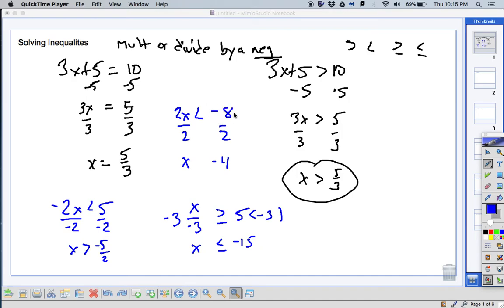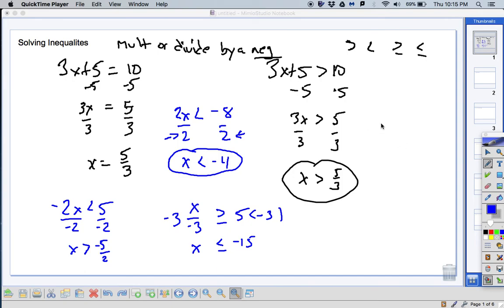First thing is sometimes people look at this negative and say, oh, it's negative, you're dividing, you're going to switch the symbol around. Sometimes people look at the answer and say, oh, the answer is negative, and we divided, therefore we're going to switch the symbol around. Neither of those matters. What matters is what did you divide by. In this case, we divided by positive 2. Since you divided by positive 2, the symbol stays the same. It's only when you're dividing by a negative or multiplying by a negative that you switch that symbol.